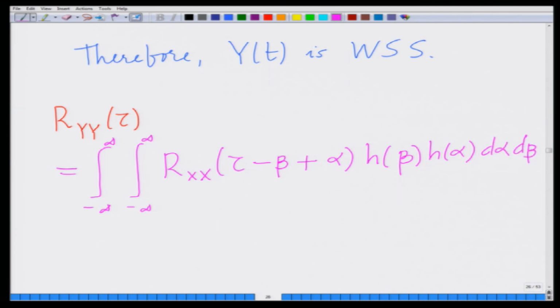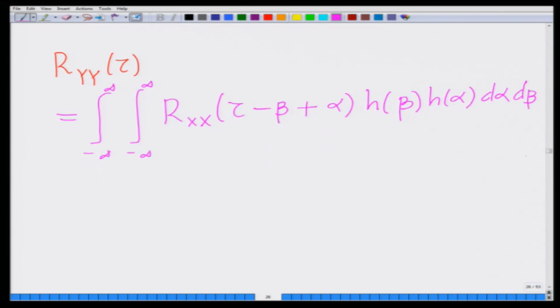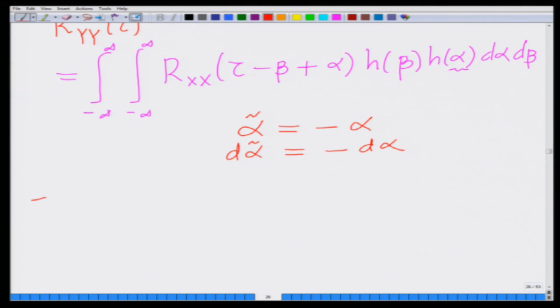d alpha, d beta. Now, let us do a simple thing, let us replace this alpha by alpha tilde. So, let us do the substitution, alpha tilde equals minus alpha. So, d alpha tilde will become minus d alpha. So, I can write this as a double integral, from minus infinity to infinity, of r_xx.